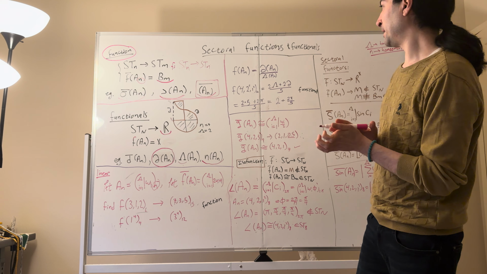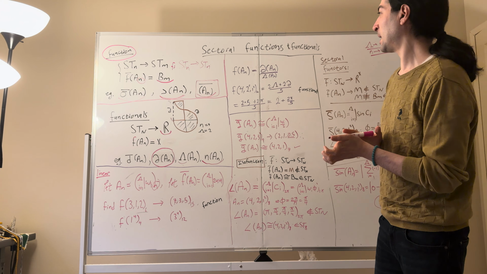Let's look at another example that's slightly more complicated. So let f of an equal to the boundary of an divided by the order of an. And let's use the example of sectoral structure 4, 2 squared, 1 squared, subscript 10.